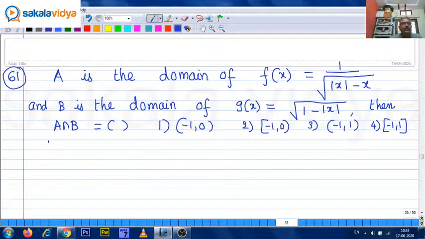Okay, first let us find out the domain of A. For domain of A, mod x minus x must be greater than 0. So mod x is greater than x. Yes, mod x minus x is greater than 0.